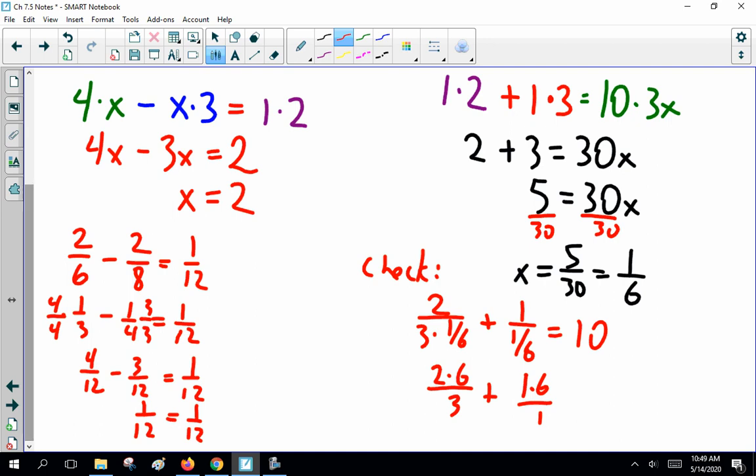So that is 12 over 3 plus 6, which is 4 plus 6, which is 10. Now I skipped a couple steps here. I did this in my head. Divided by 1/6 is the same as multiplying by 6. I'm running out of space there. Grab Mr. Calculator to prove it. But yes, it does work.